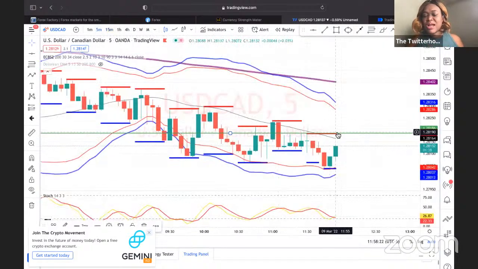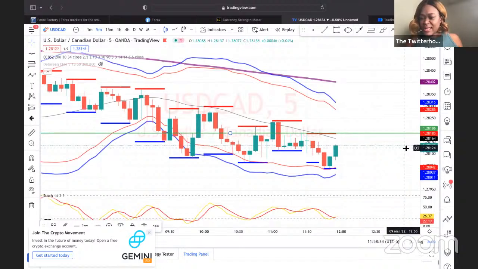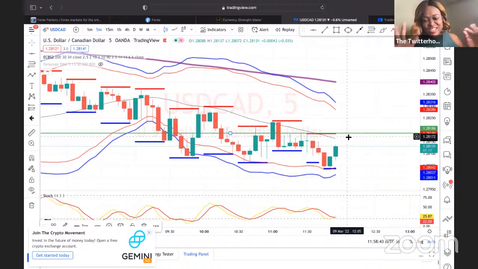Okay, so at this point, I had the line here, but now this indicator is lower. My line was saying 180 before, now I have it at 186. Same general area.